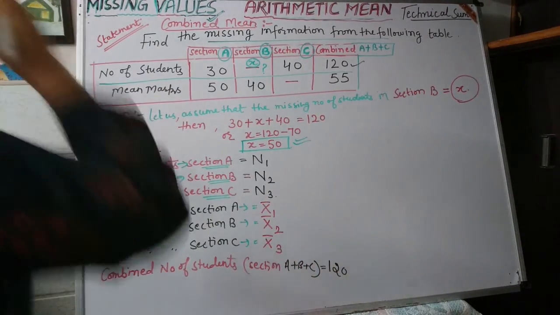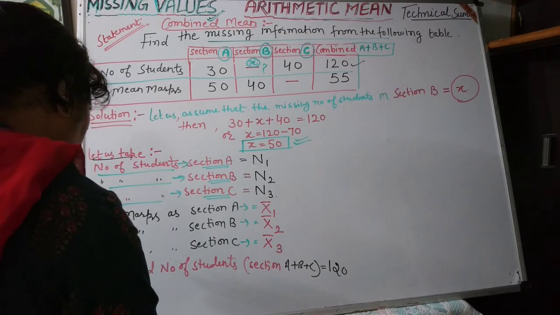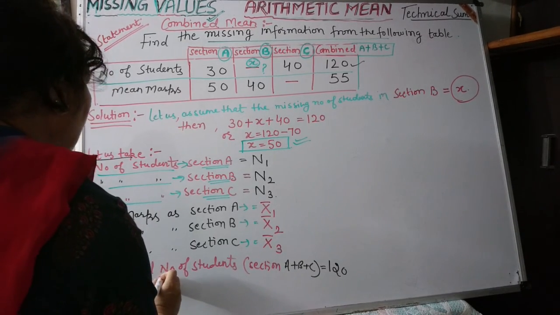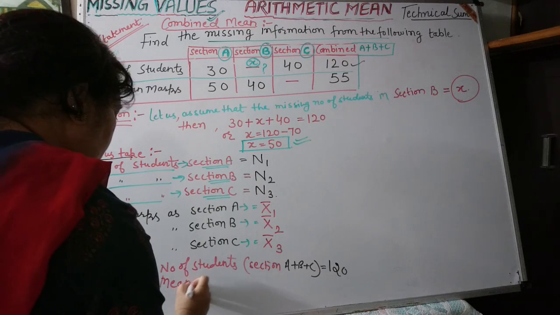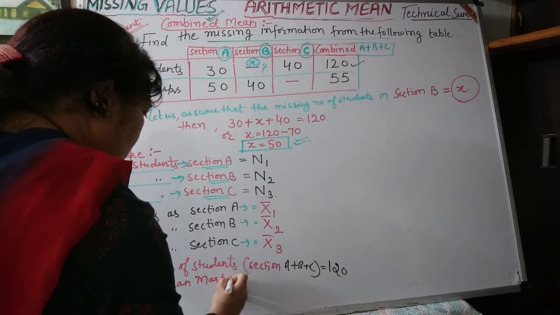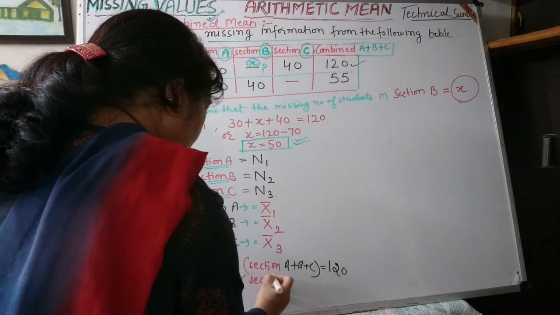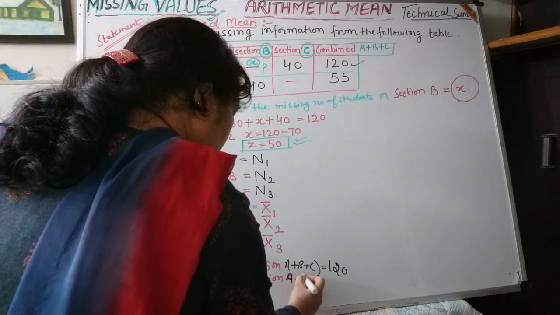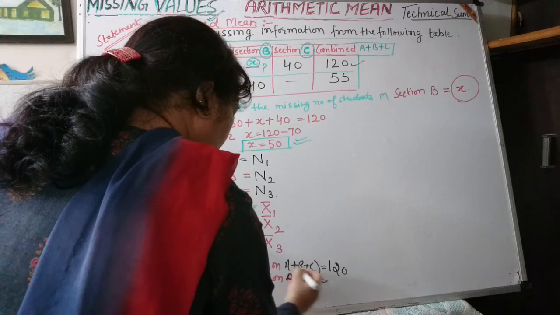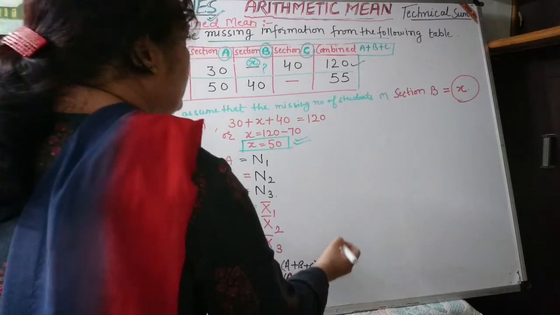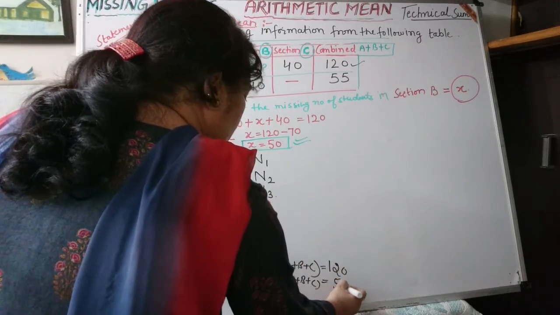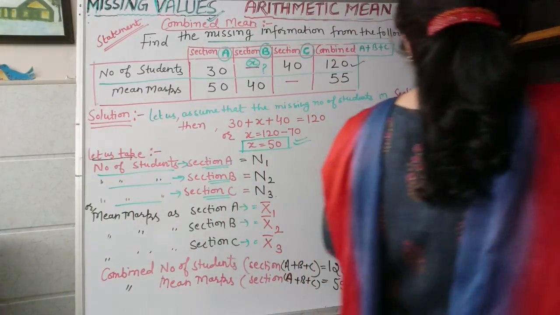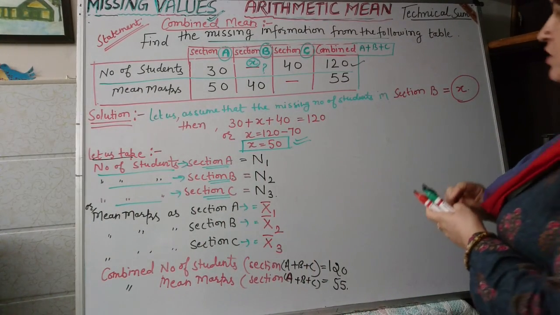And the combined mean marks of section A plus B plus C is also given, which is equivalent to 55. So this is the information given to us.